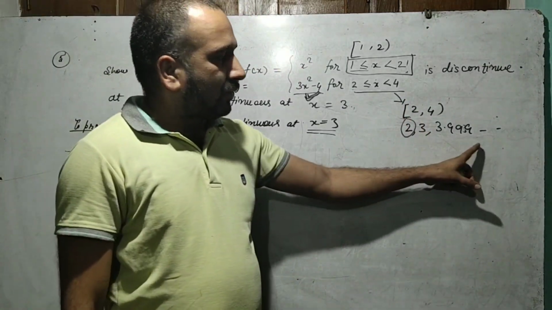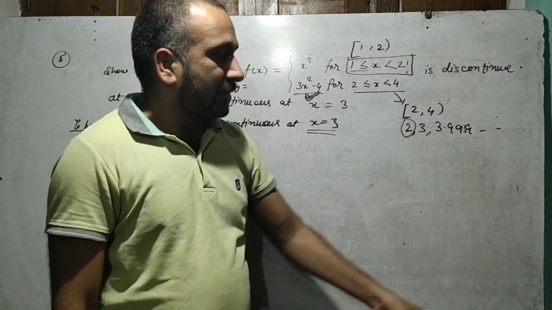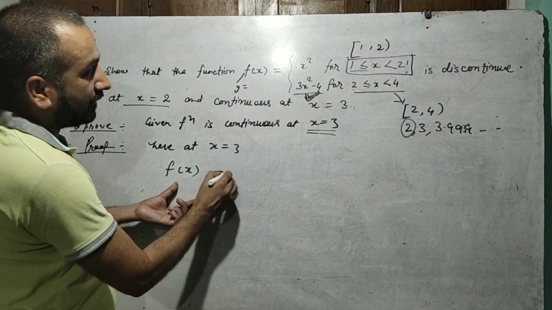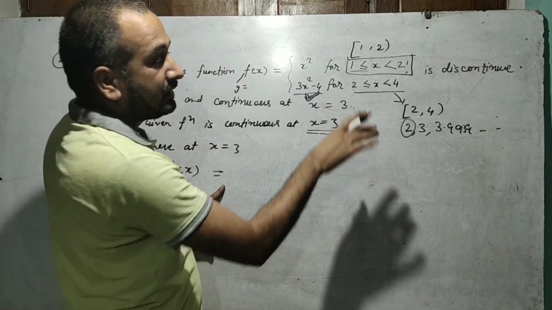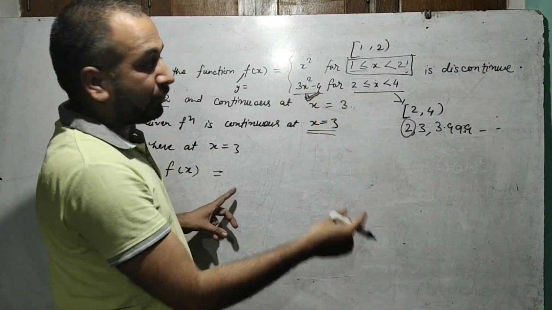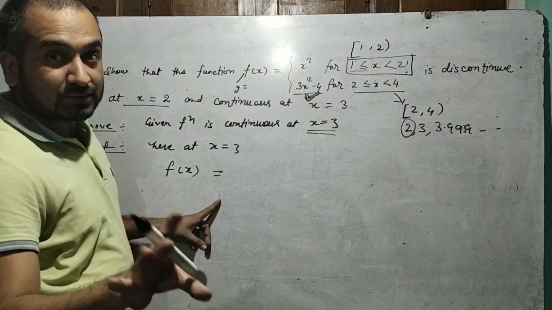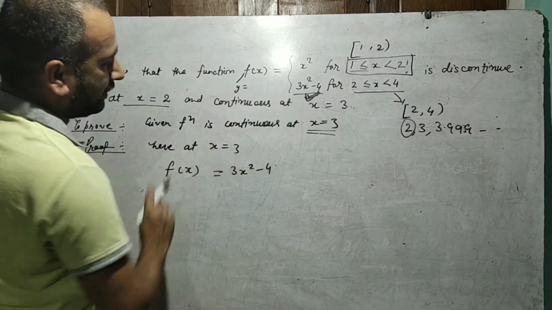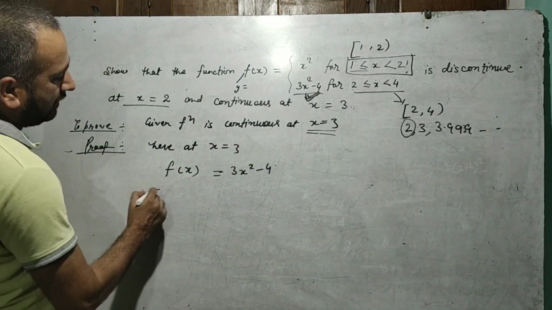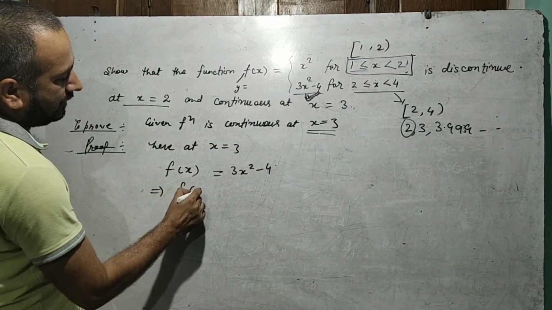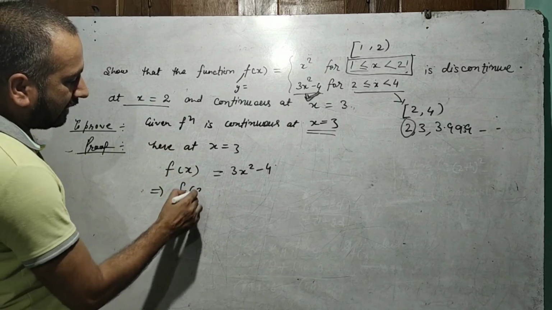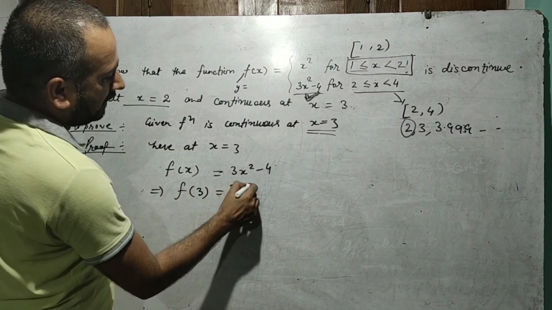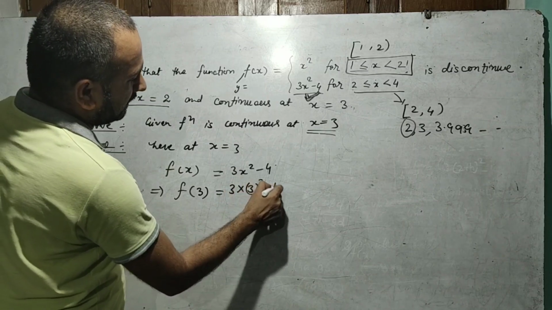So 2, 3, 3.99 or something, but not 4. This means this interval is valid at the given point, so f(x) is 3x square minus 4. Now tell me, what is the value of the function at x is equal to 3? That will give you 3 into 3 whole square minus 4.